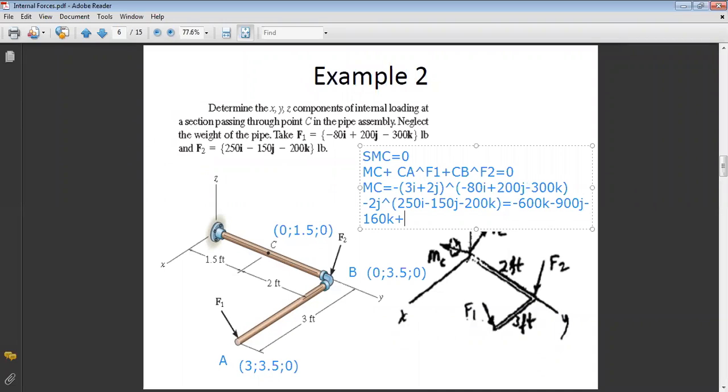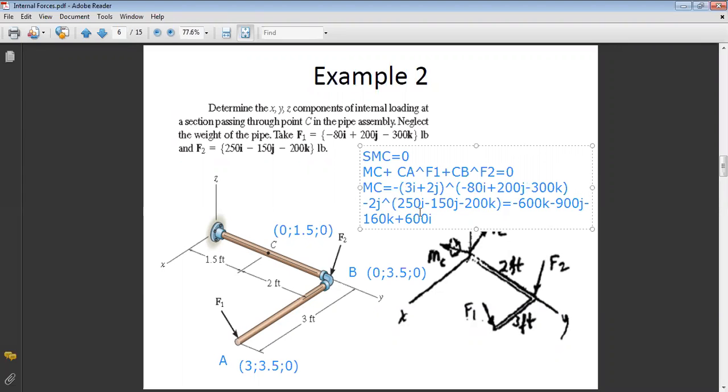So plus 2 times 300, so it is 600i. Okay.